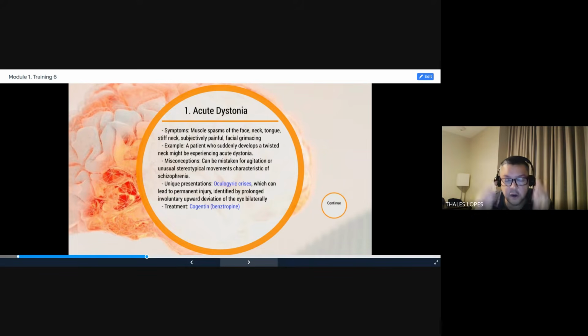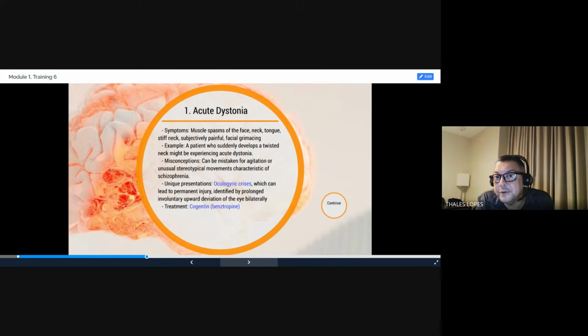Really, it is an ER intervention right away, which can lead to permanent damage by the involuntary upward deviation of the eyeballs bilaterally. Okay?